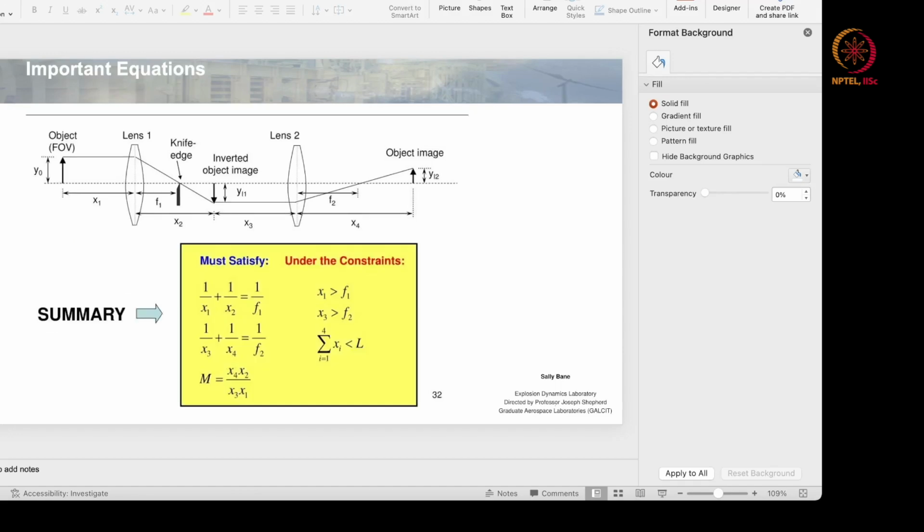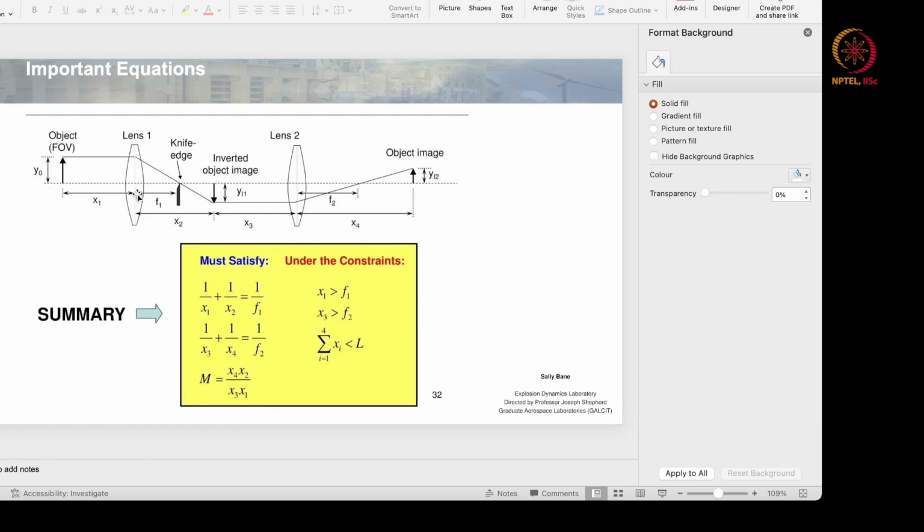So in order to set up this Schlieren setup, you have to obey these relationships. 1/x1 + 1/x2 = 1/f1, and 1/x3 + 1/x4 = 1/f2, where x1 is greater than f1 and x3 is greater than f2. Magnification is given as x4 x2 divided by x3 x1.